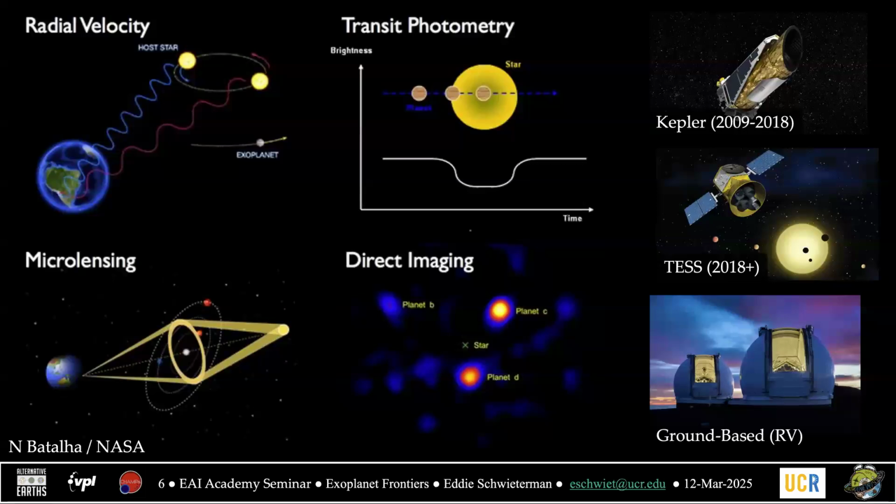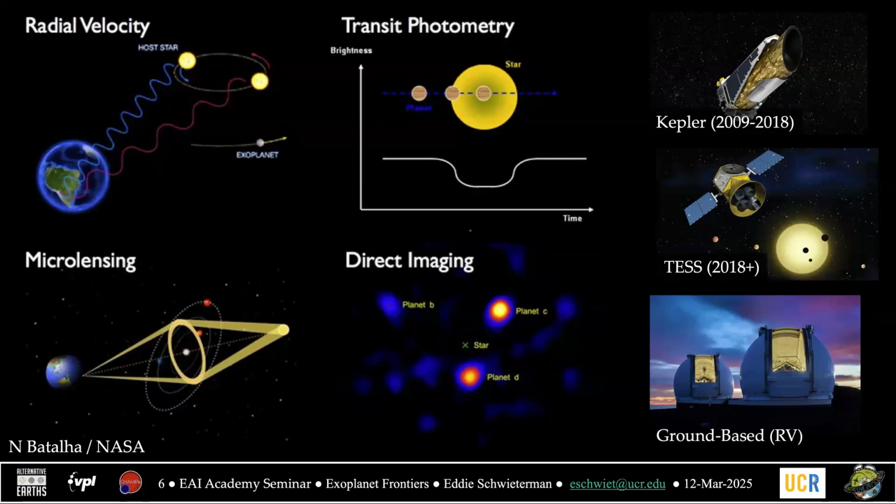Another common method of finding planets is something called microlensing. The idea here is that if you have a foreground star passing briefly in front of a background star, you can get a temporary increase in brightness due to gravitational lensing. The gravitational warping of the foreground star causes a magnification effect, which is observable on the ground, although it's a chance statistical occurrence.